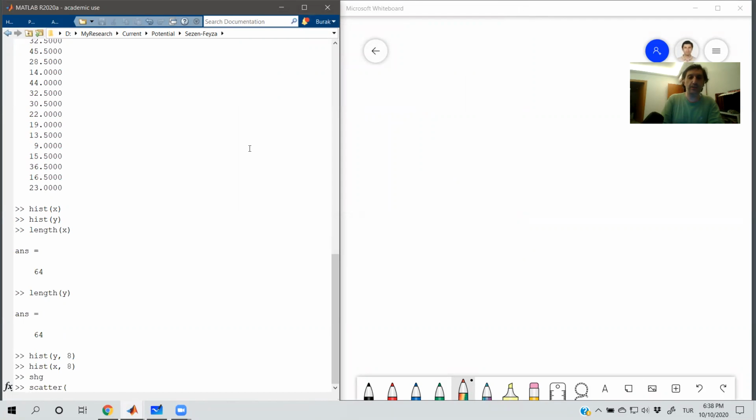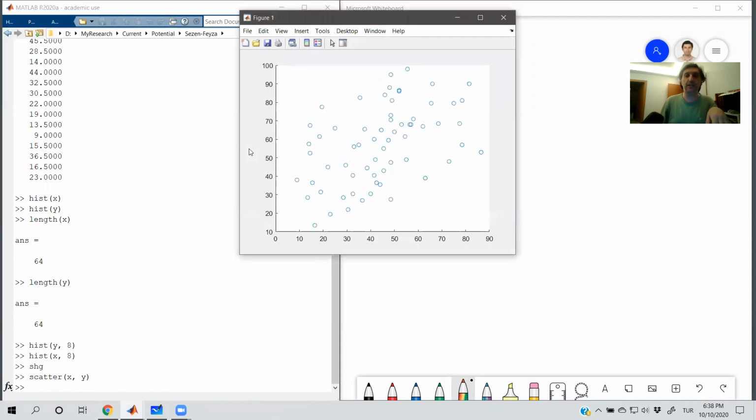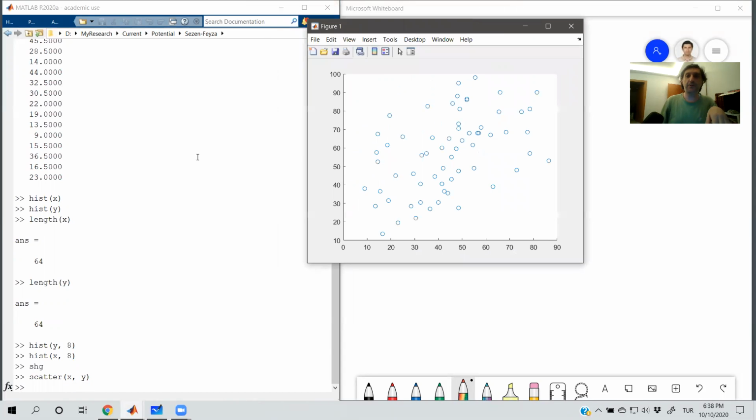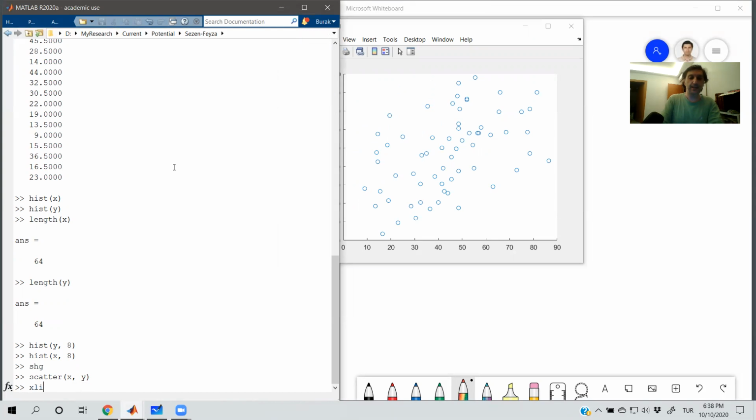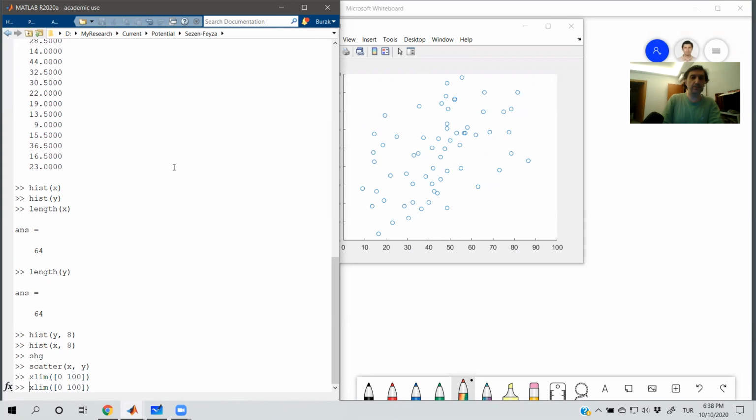So what we can do, first of all, is plot these on a scatter plot and see what they look like. From a larger perspective, I adjust the X limits from 0 to 100, and the Y limits also from 0 to 100.